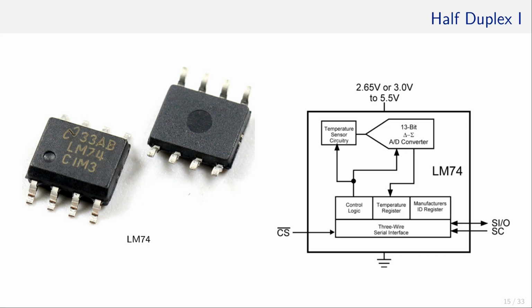It has only 3 ports for SPI. The slave in and slave out have been clubbed together into one port right here. Sometimes that port is an output. However, it can occasionally be an input too, for instance, to configure the temperature sensor.